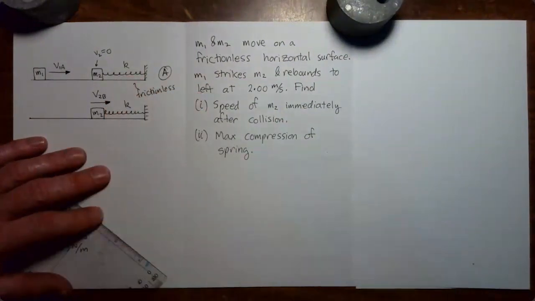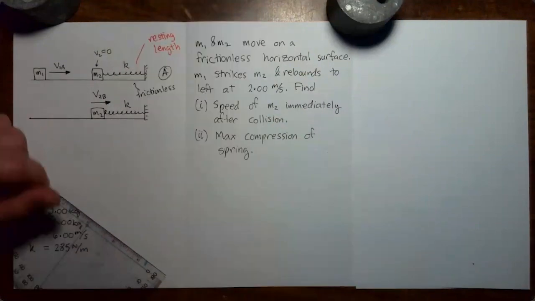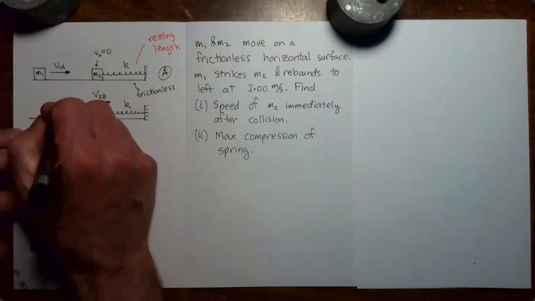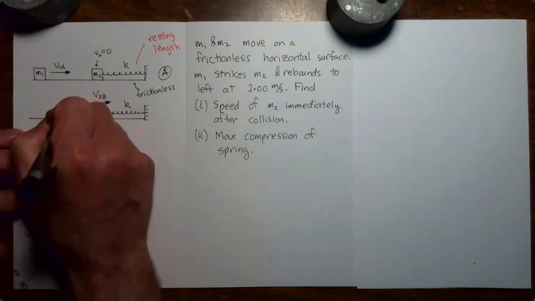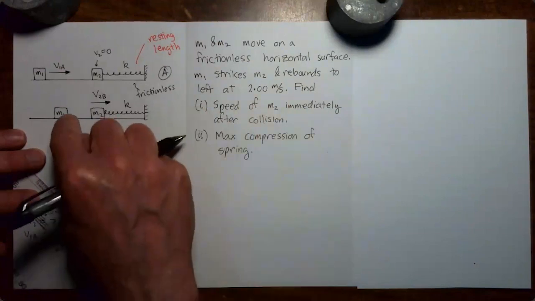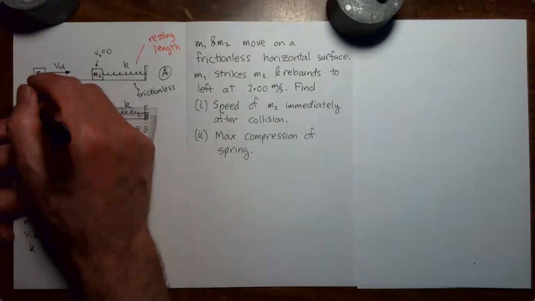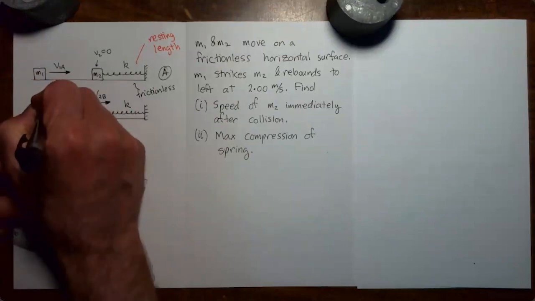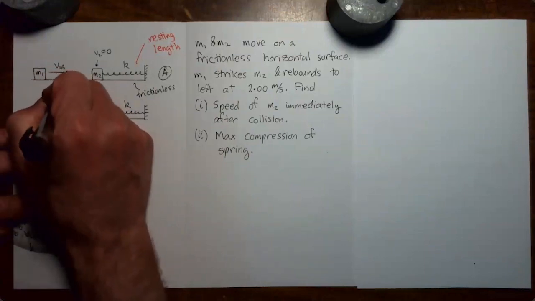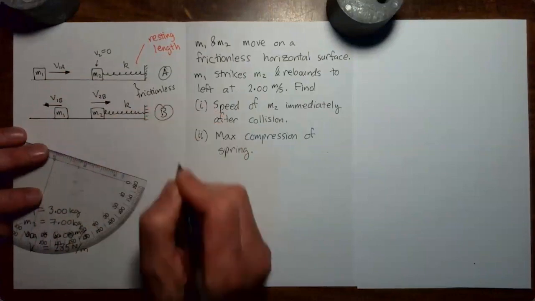And I left out before that the spring is starting at its resting length. And let's put in mass 1. We are told that after the collision, mass 1 rebounds to the left. So let's call this velocity v1b. So this whole thing here is situation B.